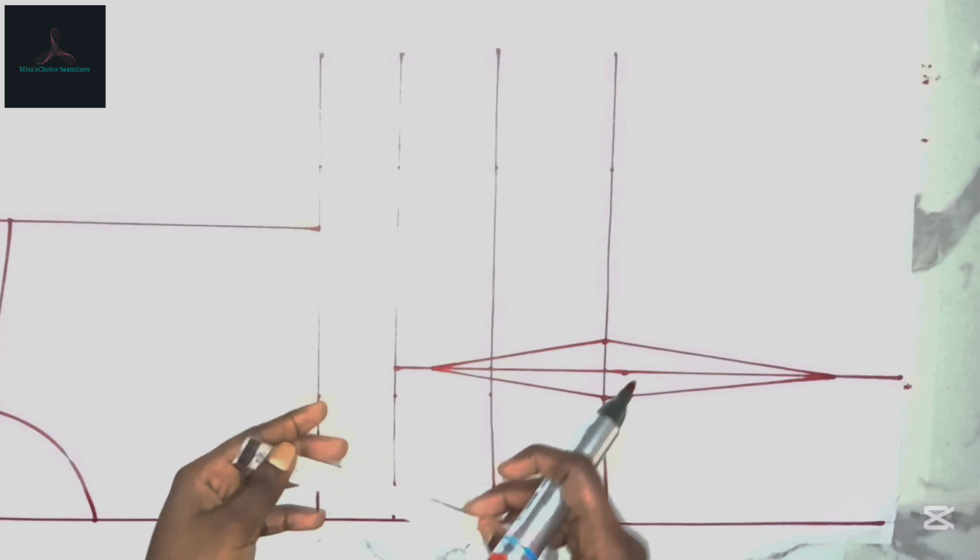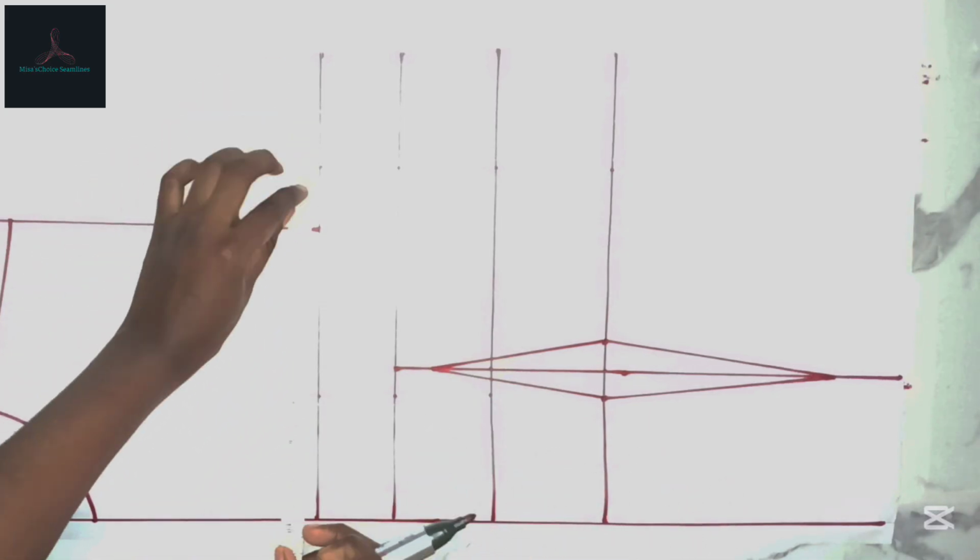The next step now is for me to take my circumference measurement. The bust is 36 inches divided by 4 is 9 inches. So I'm going to input that measurement now on the chest line.